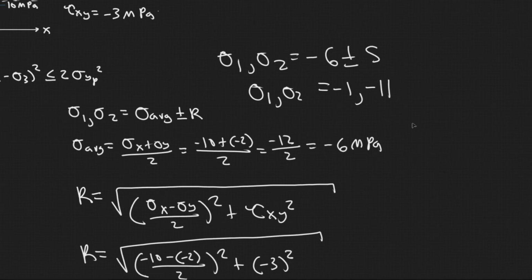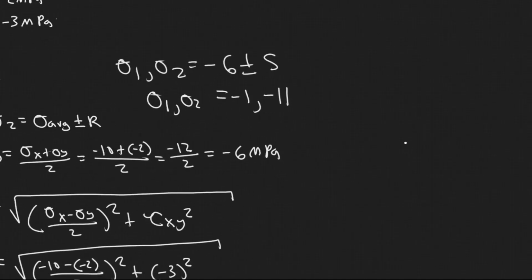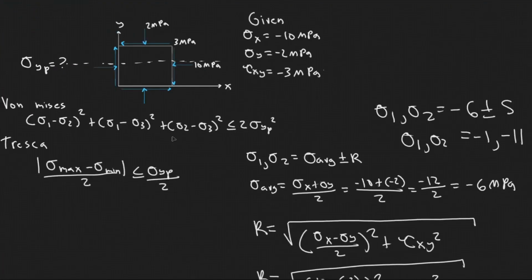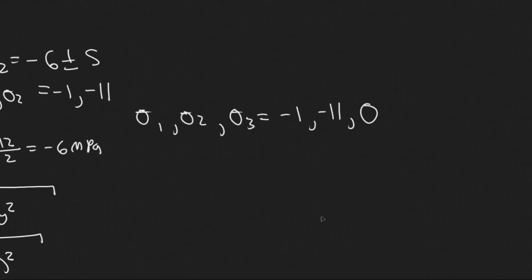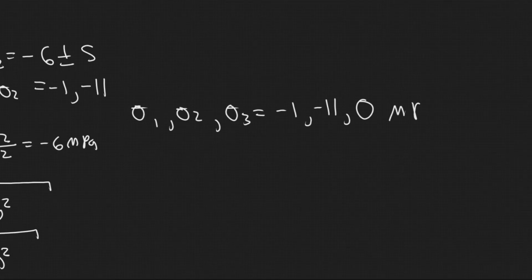And then the third, sigma 3, because for these formulas you need 3 values. Since we're only dealing with 2D, your sigma 3 is just 0. So your third principal stress is 0. So your values are -1, -11, and 0, and obviously these are in MPa. So these are your 3 principal stresses.